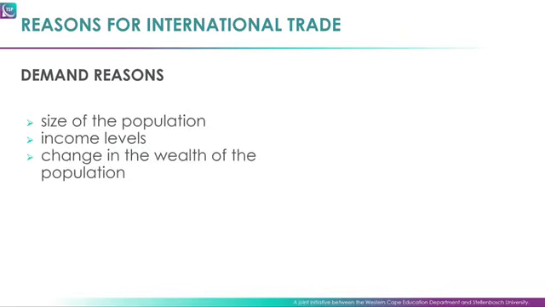Change in the wealth of the population, right? As people become wealthier, there is a greater demand for goods. And obviously here now, the demand is for more luxury goods. Because as the wealth of the population changes, they have greater access to credit, so they can afford to now buy these luxury items. And many a time, like we're living in a technological age, and we don't have those things locally, so it has to be brought in from outside.